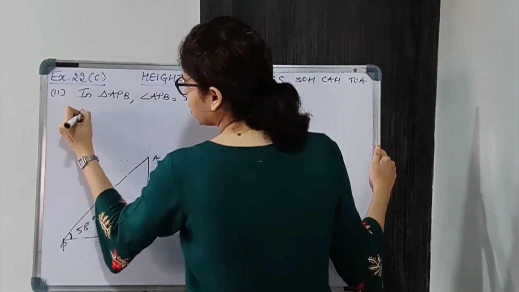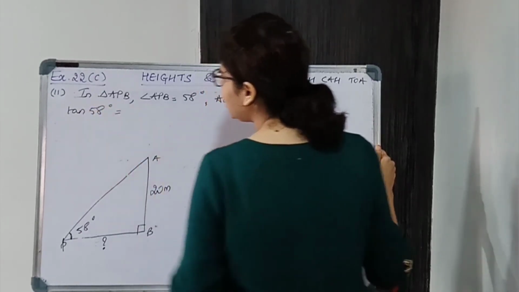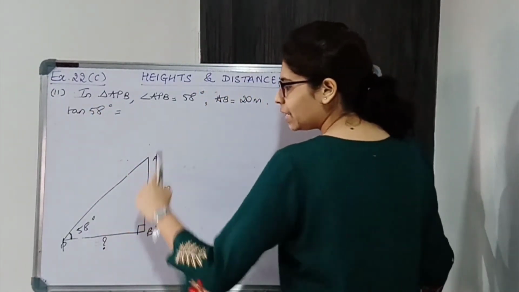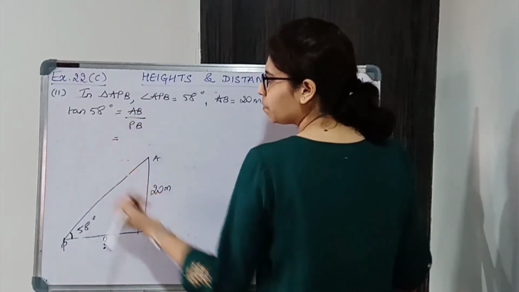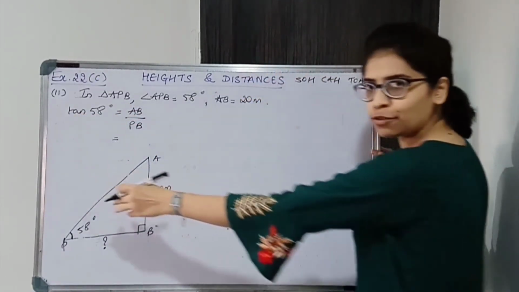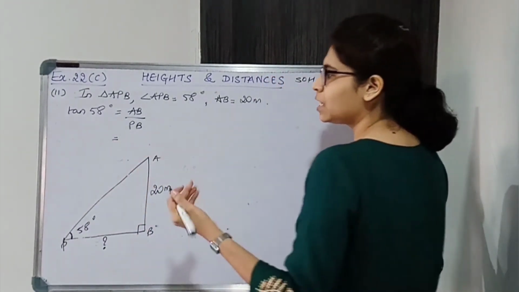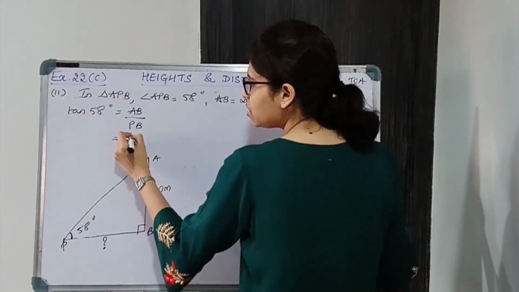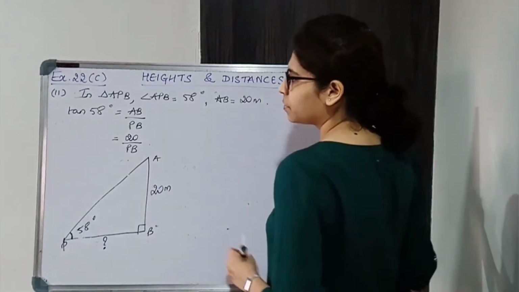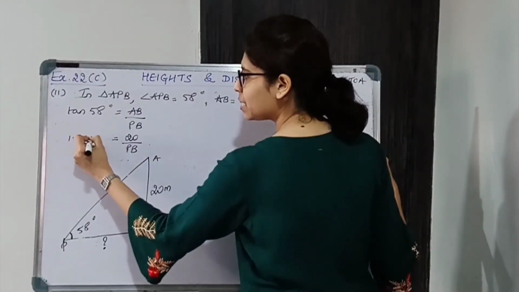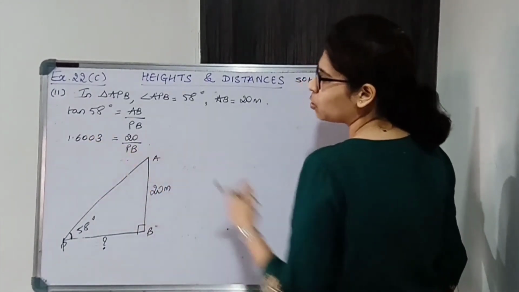Now tan of the angle, that is tan 58, is equal to opposite side, that is AB, upon adjacent side, that is PB. Tan 58 you will get from the natural tangents table. So go to the natural tangents table and check the value of tan 58 and 0 minutes. AB is 20 meters and PB we have to find. Now from the table you will get 1.6003. Okay, now shift this over here and this over here.